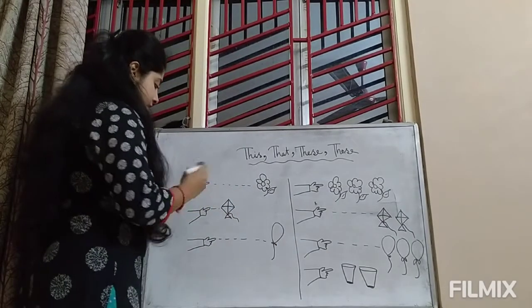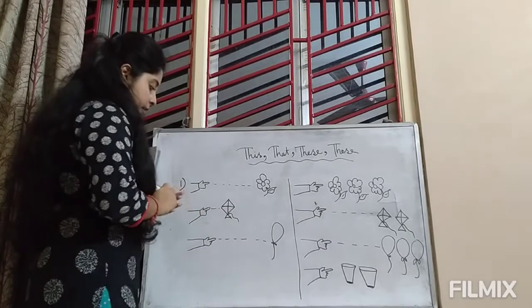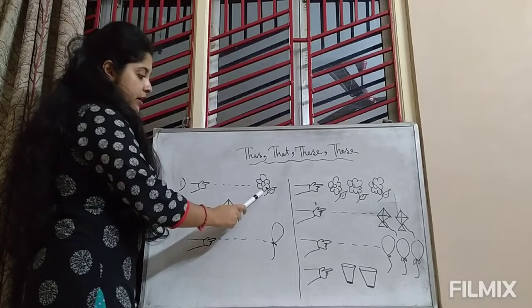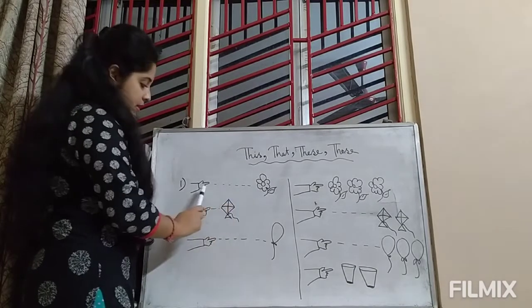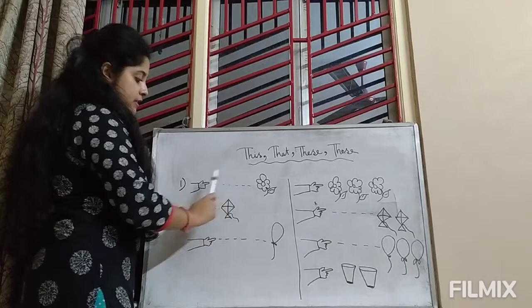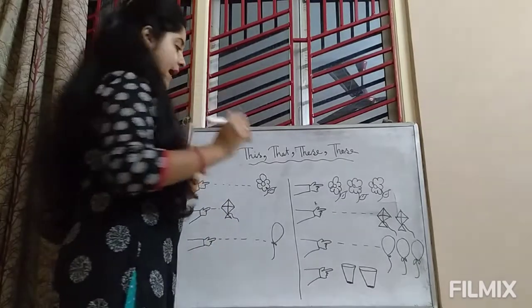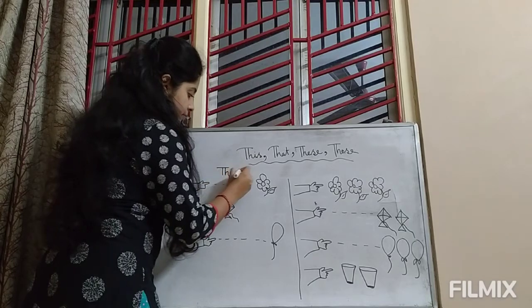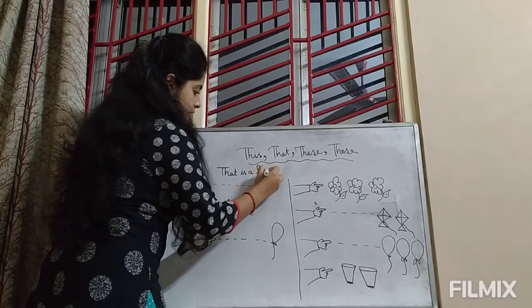So look at the first one here. Look at this flower. This flower is far from this hand, right? This flower is far from this hand. So here I will use that. We will say that is a flower.